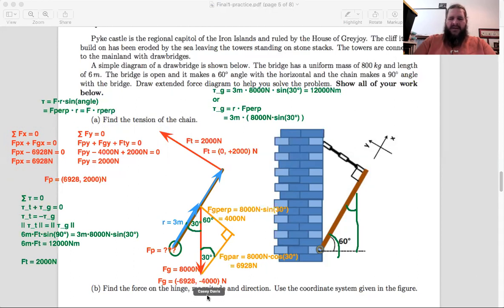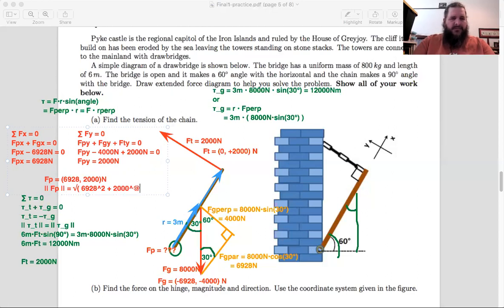And if we wanted to find the magnitude, what would we do? How could we convert the x and y components into a magnitude? Pythagorean theorem. Yeah, we use our usual Pythagorean theorem. Magnitude of the pivot force is going to be square root of x component squared plus y component squared.